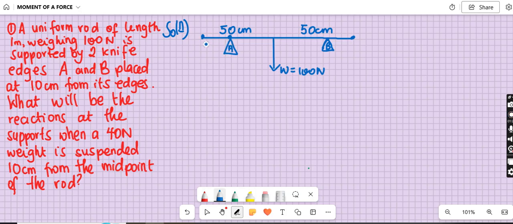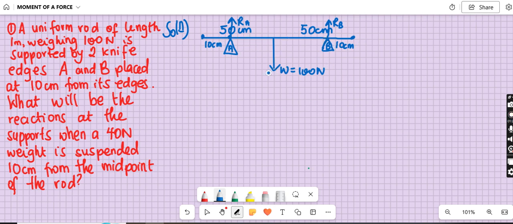Now, once there's a pivot, it will have a normal reaction, RA, and another one, RB, perpendicular to the rod.